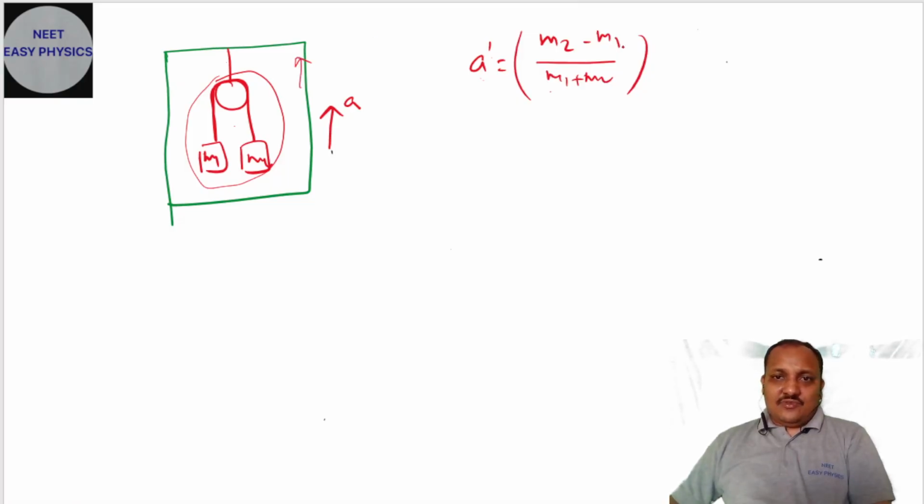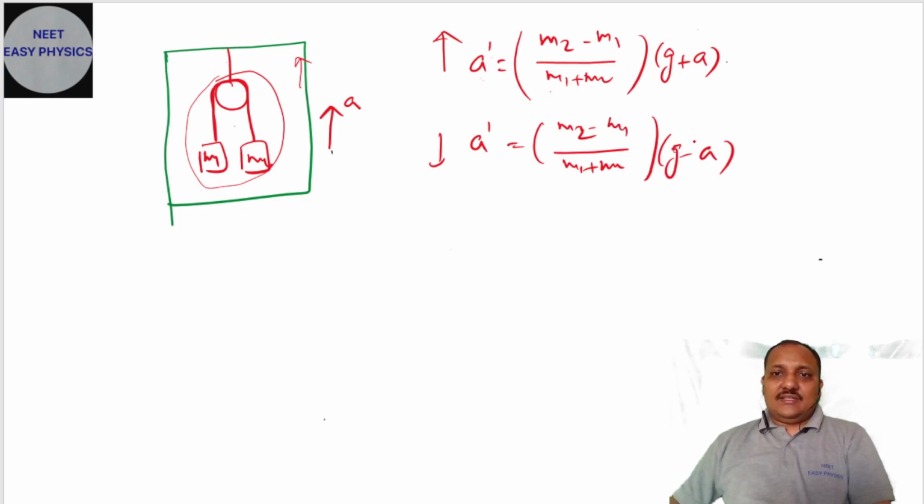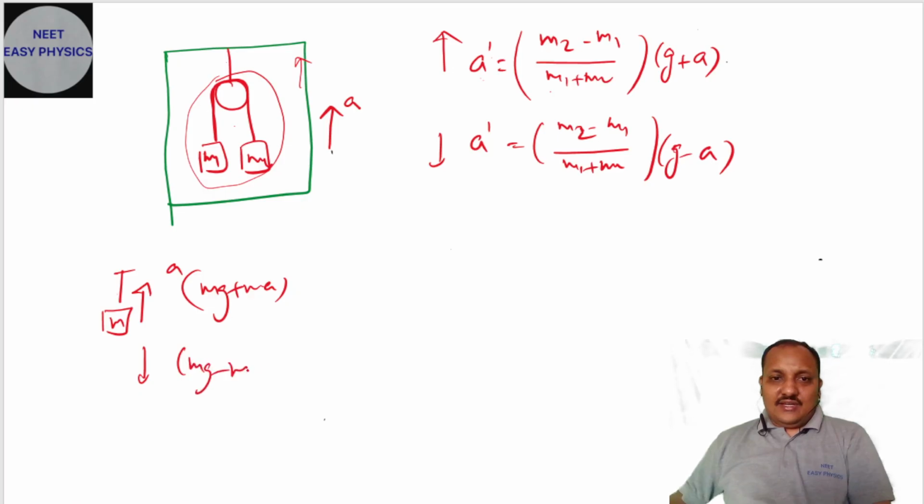Whenever it is moving upwards, what I told you to write? g plus a. If it is moving downwards, what will you write? M2 minus M1 by M1 plus M2, into g minus a. Understood? So blindly you can remember, if any object is moving upwards, you can write mg plus ma. If any object is moving downwards, we can write mg minus ma. Means g plus a, g minus a, they are going to give.